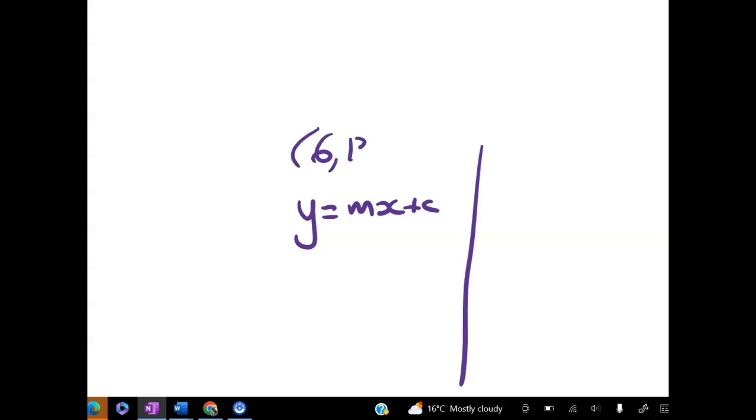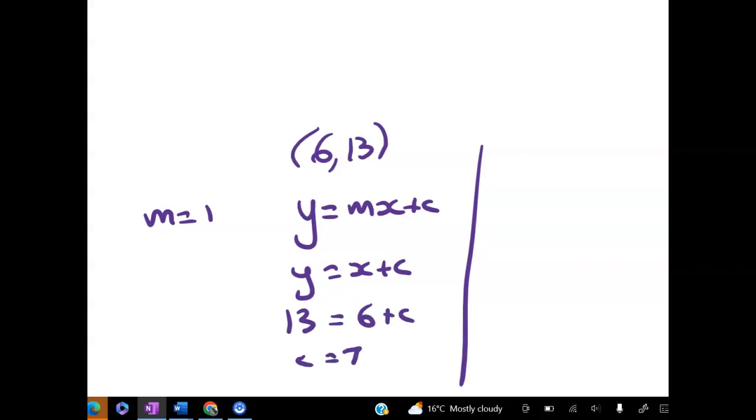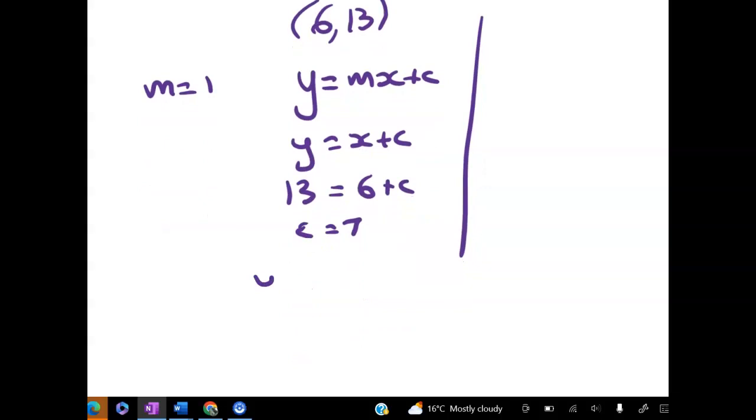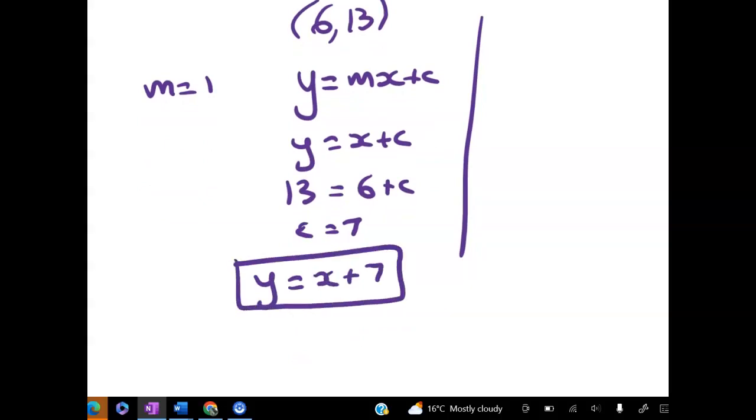In both cases, I'm going to use the point (6, 13), and we know that m is equal to 1. So we have y is equal to x plus c. Substituting in, we get 13 is equal to 6 plus c, so c is equal to 7. That gives me y is equal to x plus 7 as my tangent line.